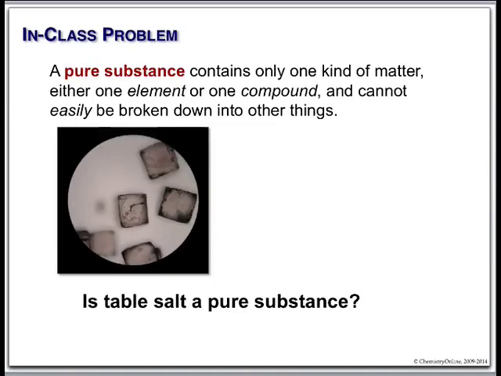It contains only sodium and chlorine atoms. And they're arranged in these little cubic structures. That's actually why these are cubic crystals. So this is a pure substance. It contains the compound sodium chloride.